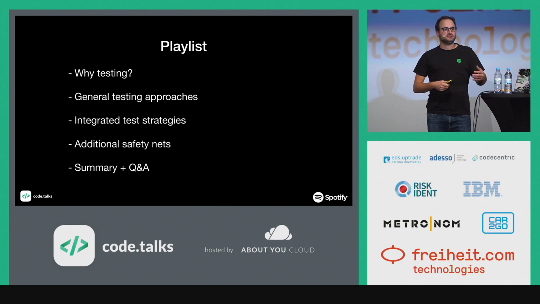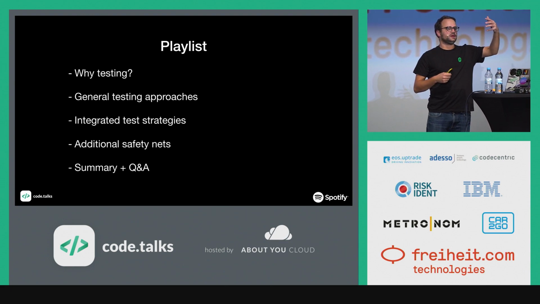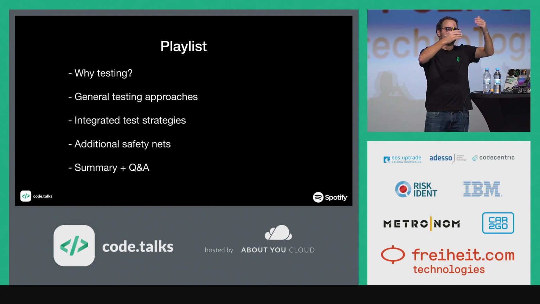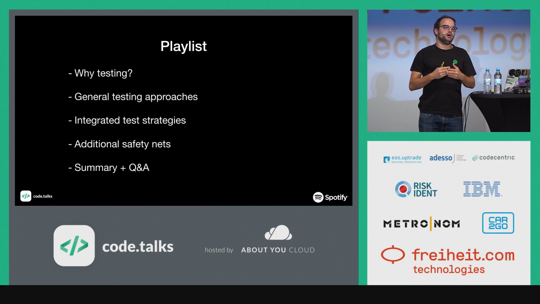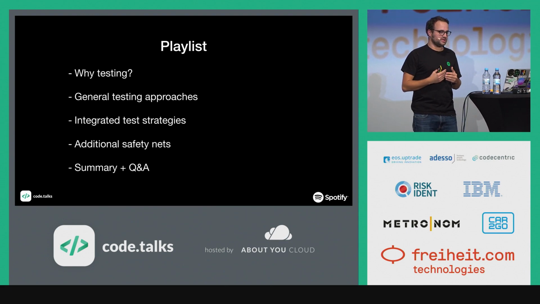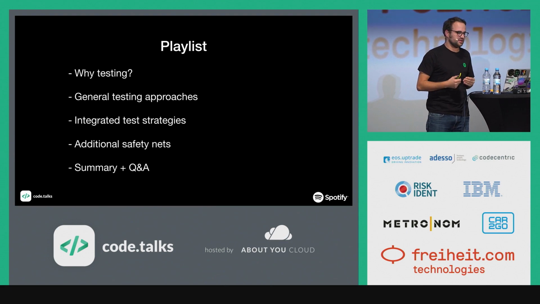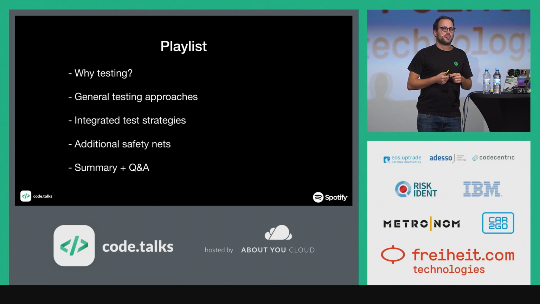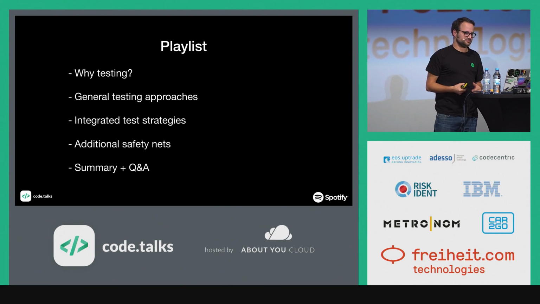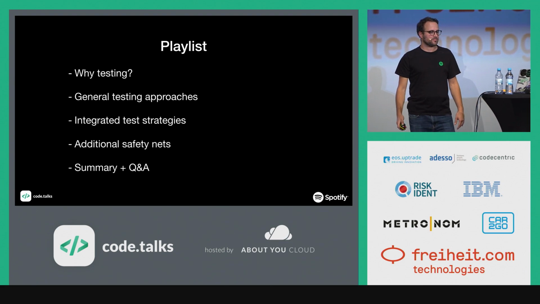That means something where you pass on your request and it decides, should I already answer this or should I pass it on? And if I'm talking about mocking, then I'm talking about everything that is not real code or not a real service. So let's start.